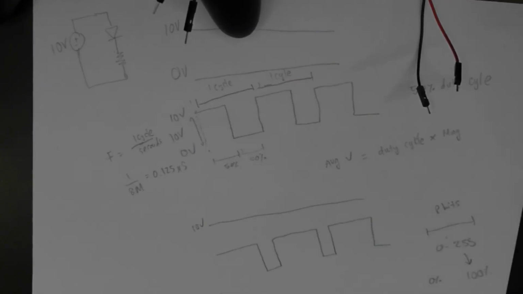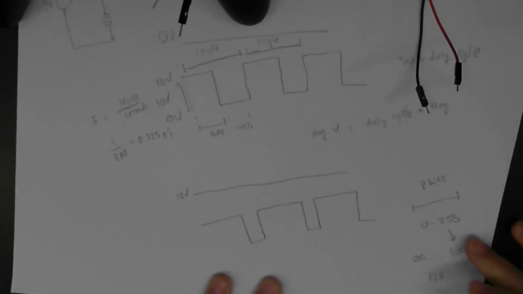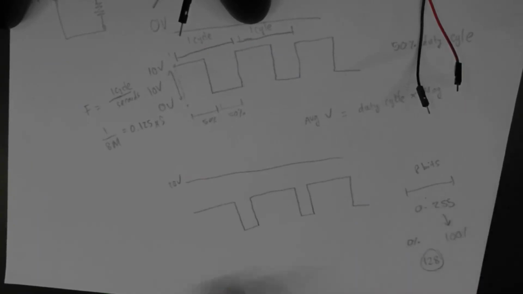If I want 50% duty cycle, I can store the value of 128 or 127 into the register of that output pin on the Arduino, and that pin will output a 50% PWM signal. That's the basic concept of PWM.